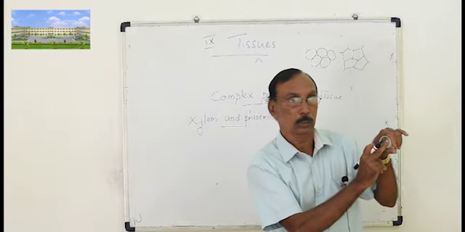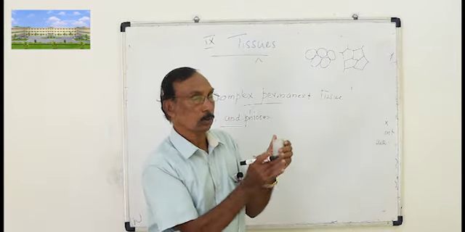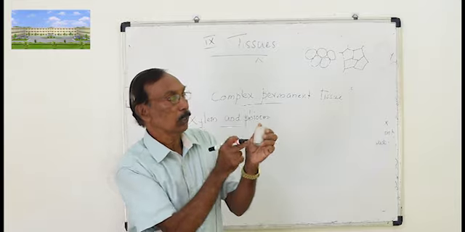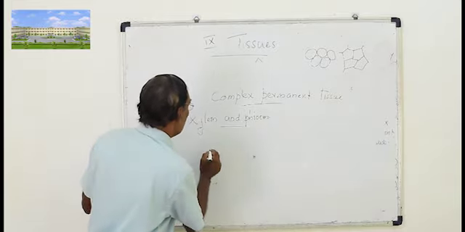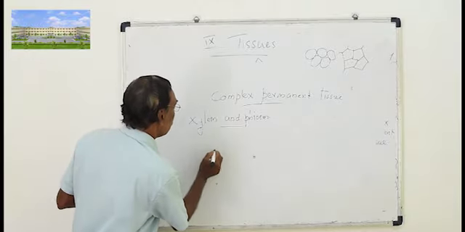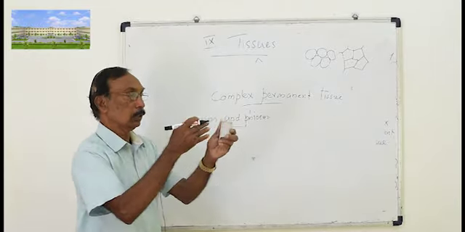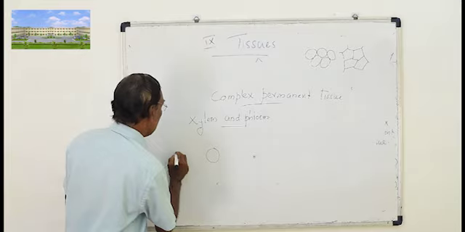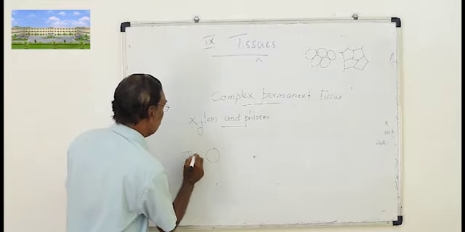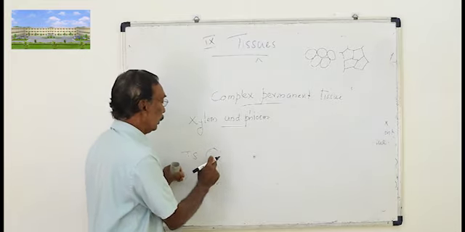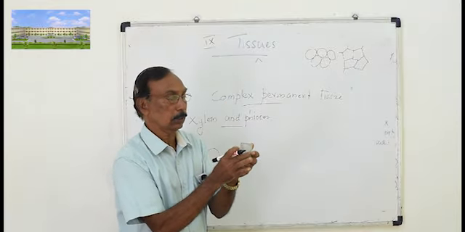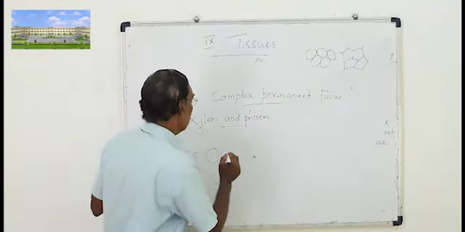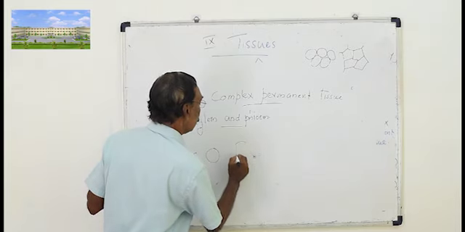If the pipe is cut like this, the diagram will be just a circle. This section is called a transverse section, or TS. And if you cut and draw lengthwise, the diagram will be like this.